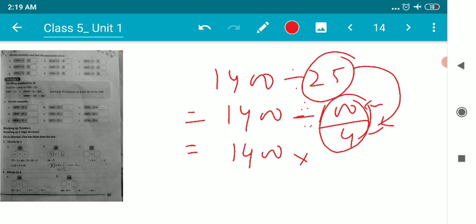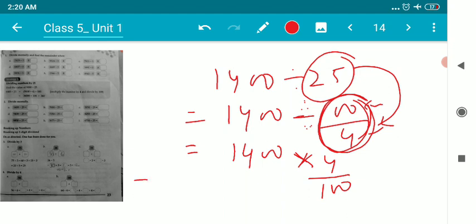It's a rule of division, children. I repeat, it's a rule of division. Whenever we see a divide sign, we can replace it with a multiplication sign, and the number right after the divide sign will be reciprocated. It will become 4 by 100.